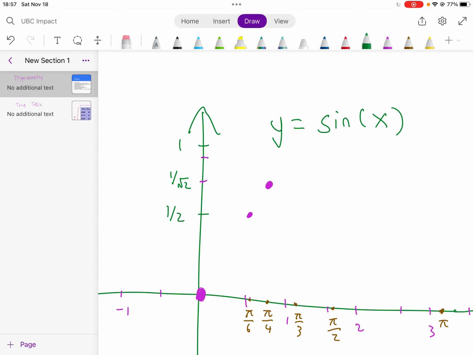This here is square root of 3 over 2. Actually, I'll write these in a way that's easier to read.